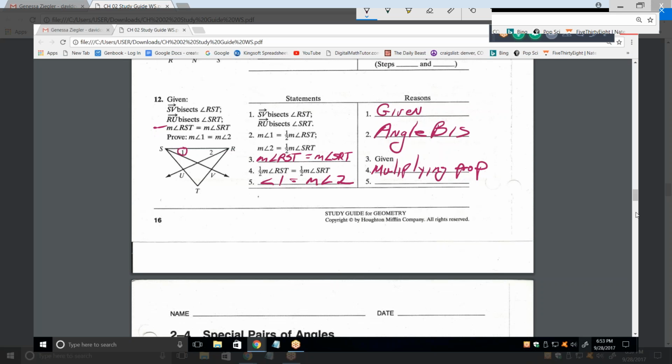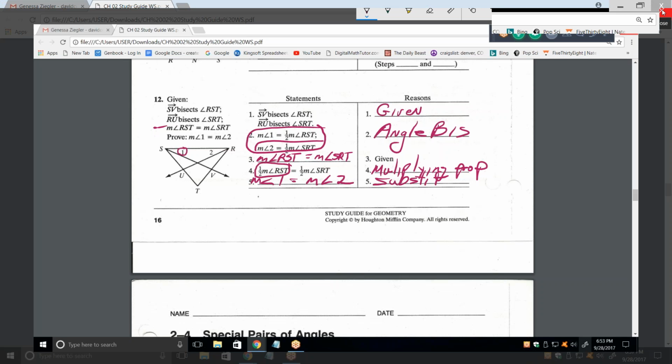In other words, if we go back to this statement, if the measurement of 1 is equal to 1/2 the measurement of RST, and now we're looking at 1/2 the measurement of RST, let's substitute the measurement of 1 for that. And likewise, the bottom half of that, instead of 1/2 the measurement of SRT, we're going to substitute the measurement of angle 2. So again, the last reason is substitution, which has been the last reason on a number of these.